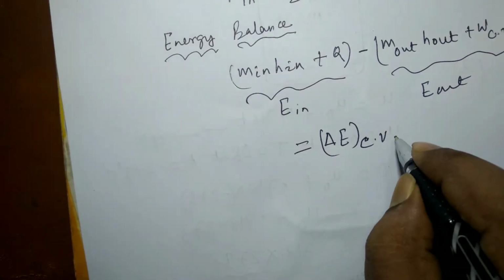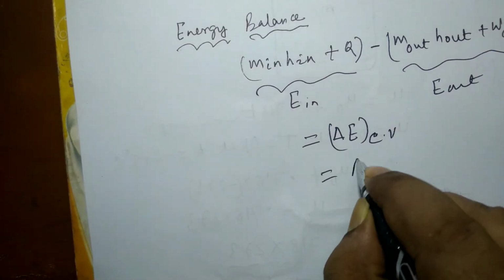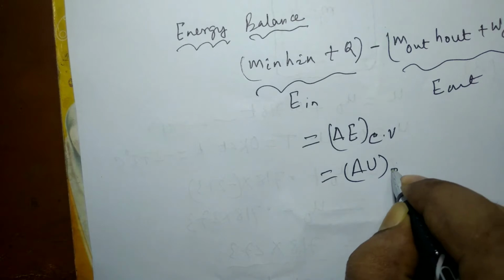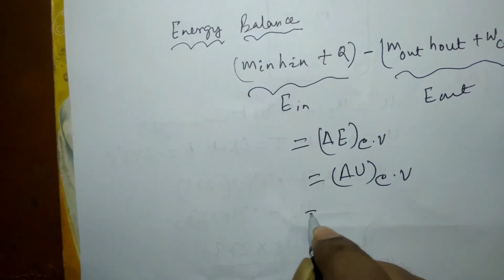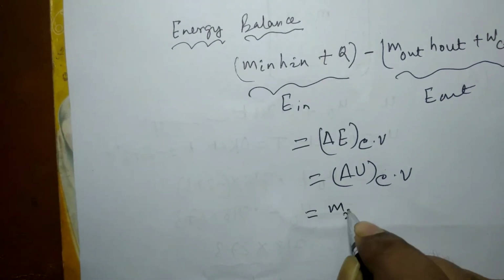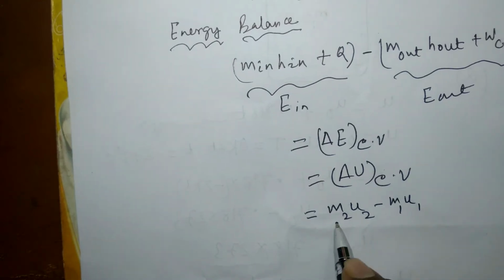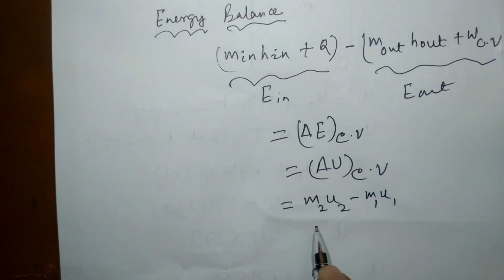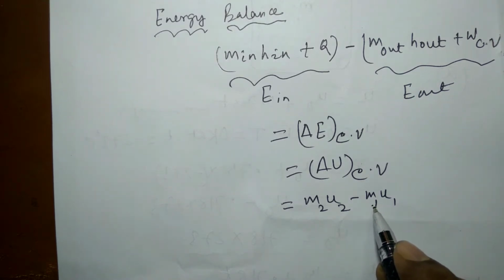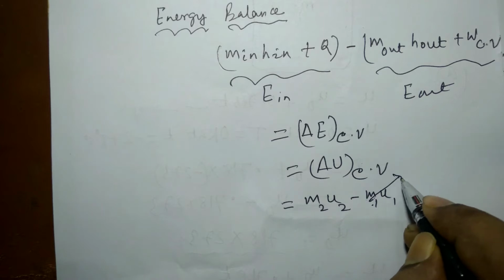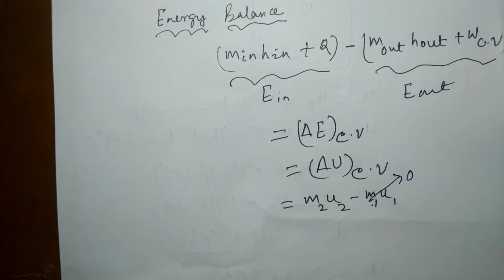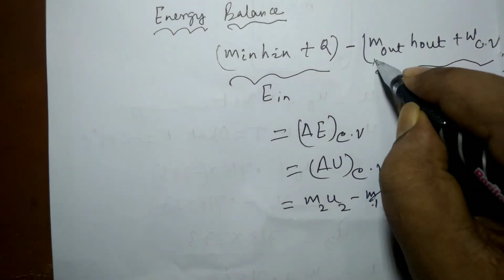That means we neglect EK and EP, so this becomes delta U of control volume, that is equal to M2 u2 minus M1 u1, where M2 is the final mass of air in the bottle once the process is completed. M1 is the initial mass, and in this case M1 will be 0, because it is given that this is an evacuated bottle. So these two terms are also 0.